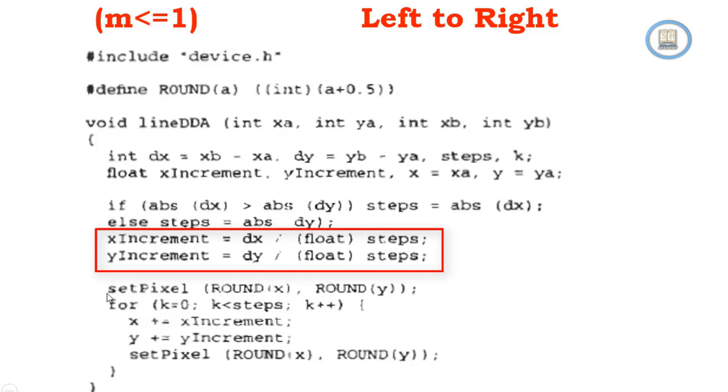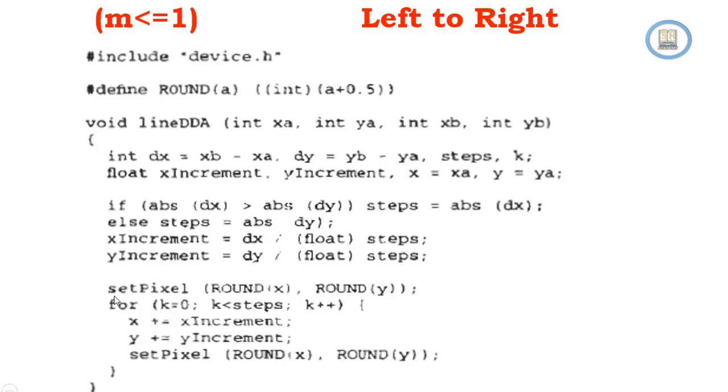Now here we are going to set the first pixel at this place. Set pixel round x, round y. That is the first pixel we set according to the algorithm. We will not follow our own algorithm, because sometimes people write the calculation directly based on mathematics. It is not correct. We need to follow the guidelines given by the algorithm because this is the simple DDA algorithm.